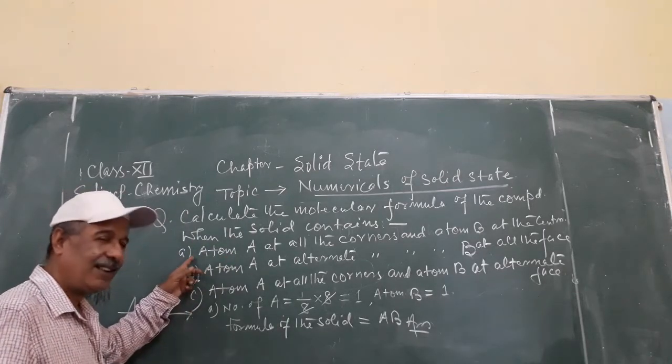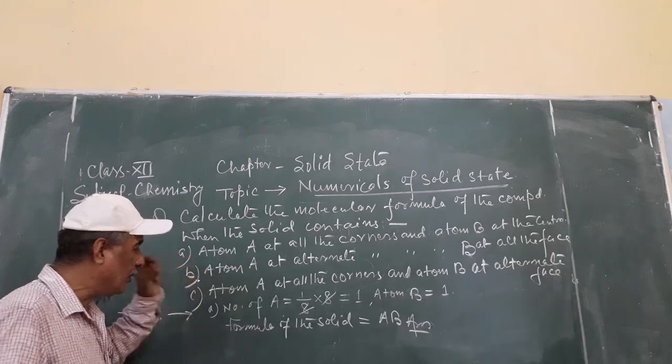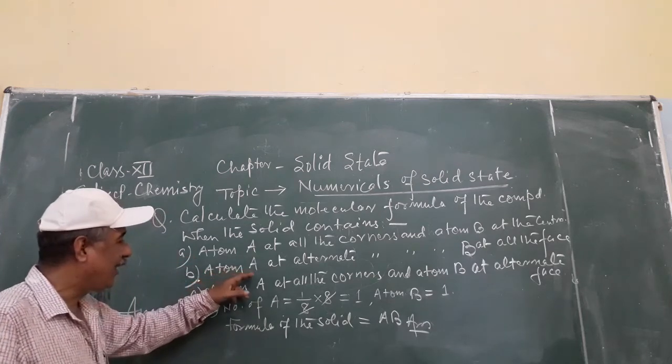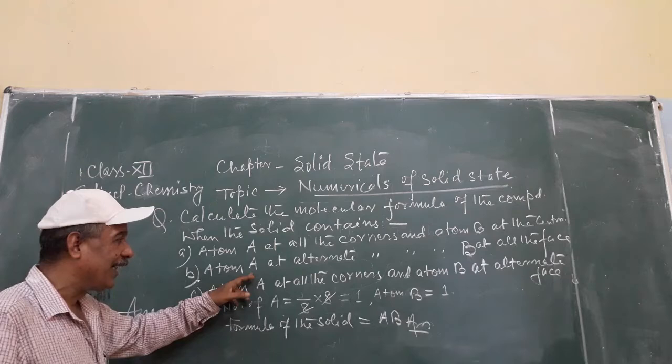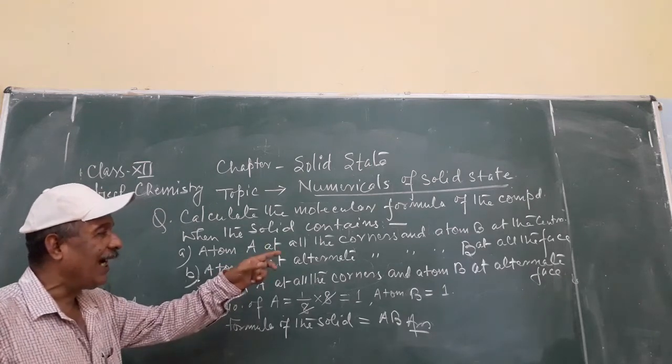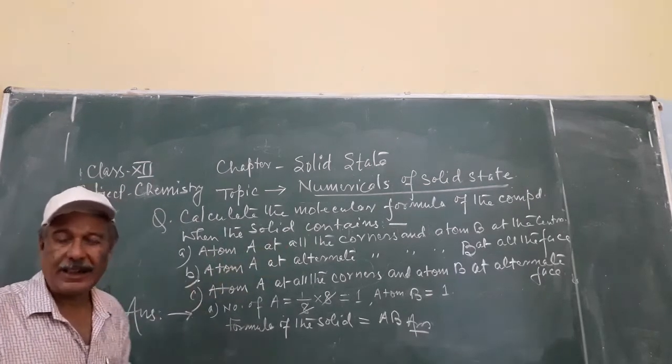After that, now come to the second part, where atom A is not at all the corners, it is at alternate corners, and B at all the faces. Correct?